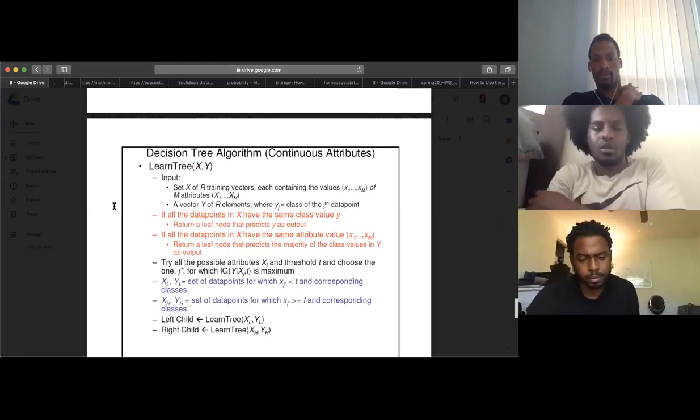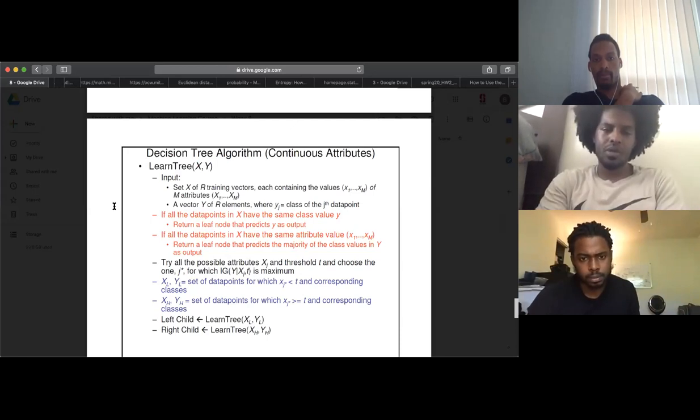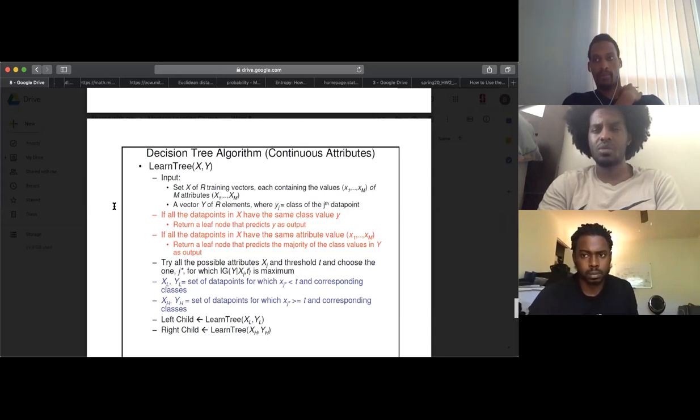So if all the data points in X have the same attribute values, then they'll be a mixed group in the leaf, a mix of data points, because not all of them belong to a single class. So you use the majority rule and calculate which class had the highest number of data points.